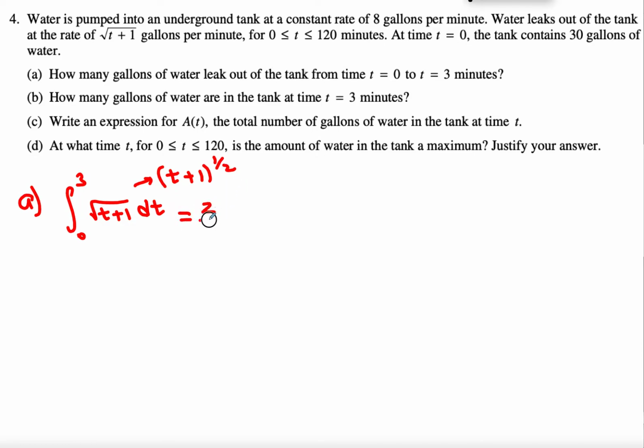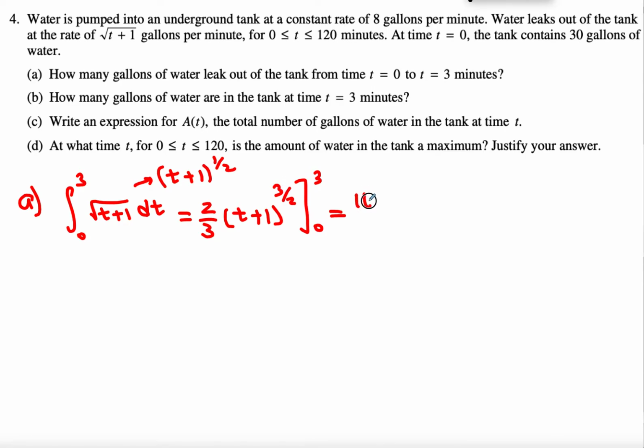So I get 2/3 because exponent becomes 3 over 2. I have to multiply by the reciprocal. And then t plus 1 to the 3 over 2 power starting from 0 through 3. So when I plug in 3, what do I end up getting? I'll be getting 4 to the 3/2, and when you take the square root of it, it becomes 2 to the 3 power, which becomes 8.